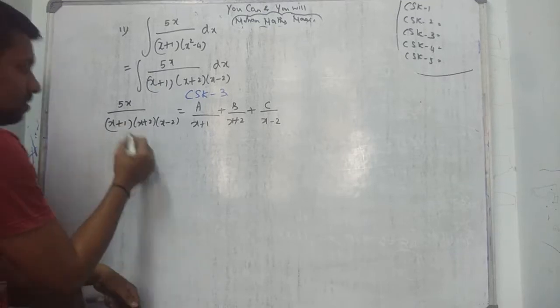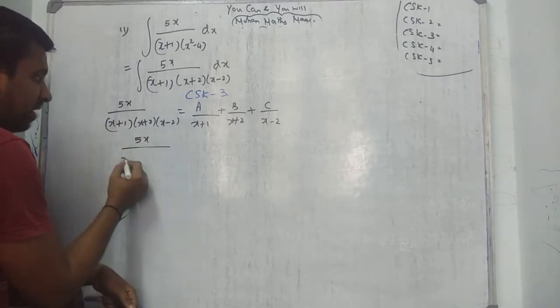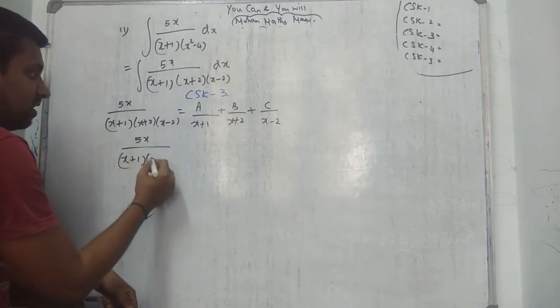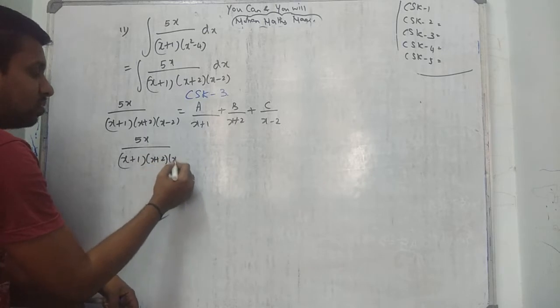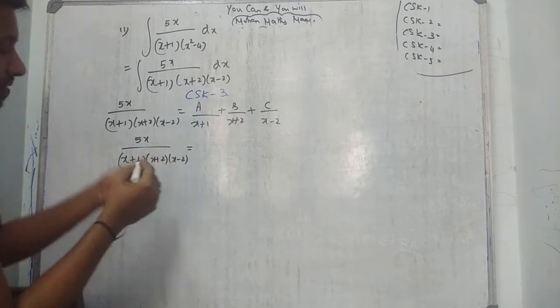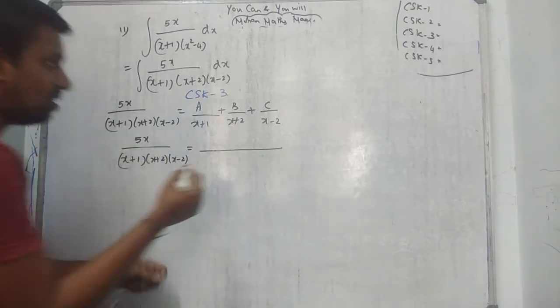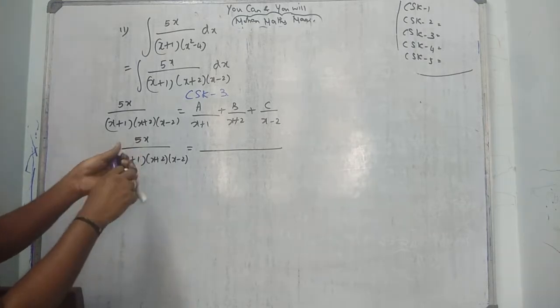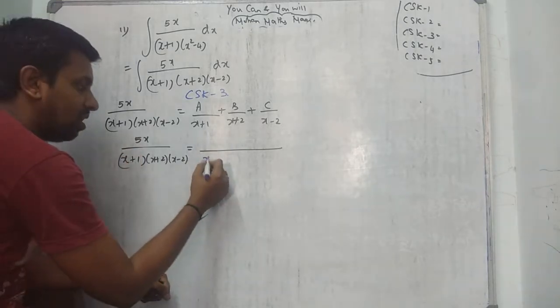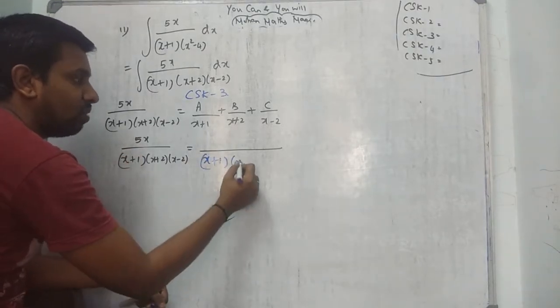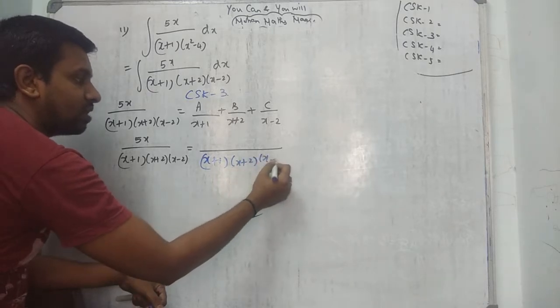Don't forget to write the left hand side, and take the normal LCM, so the denominator gets 3 brackets: x plus 1, x plus 2, x minus 2.